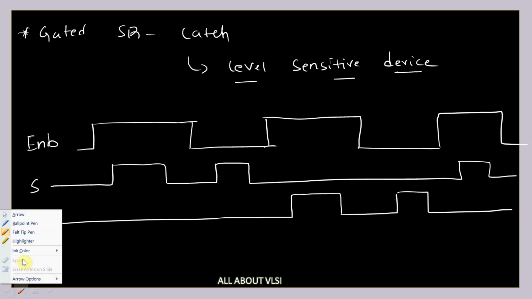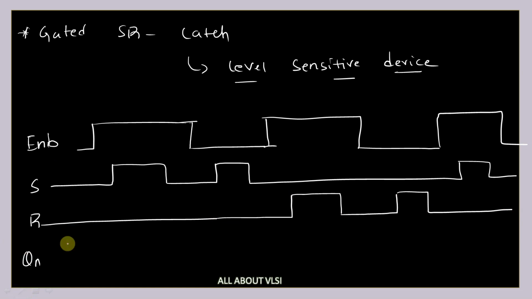Coming to your Qn, how is your Qn going to look? Let's say initially your Qn is equal to 0. Now when is your latch going to sample your S and R? Whenever your enable is equal to high. So during this whole high level, your SR latch will be on.